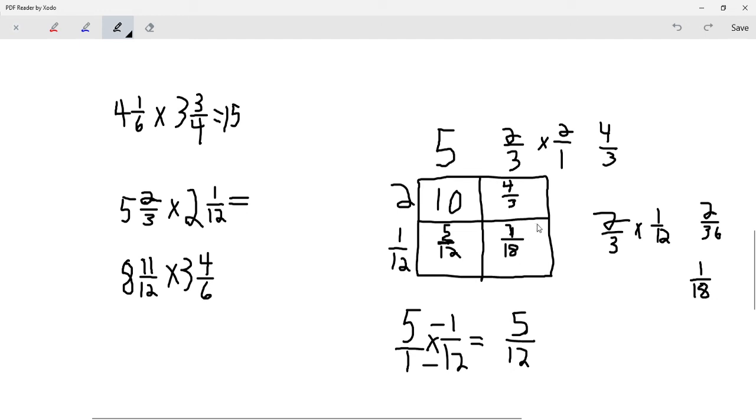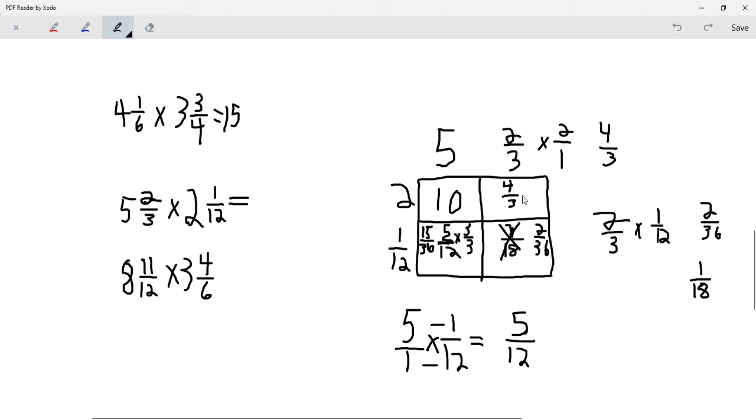So let's turn this back into 2/36. 5/12 we have to multiply by 3/3. So that's going to be 5 times 3 is 15 over 36.